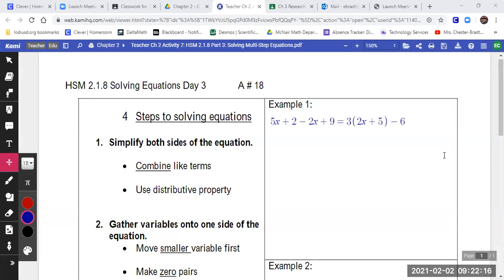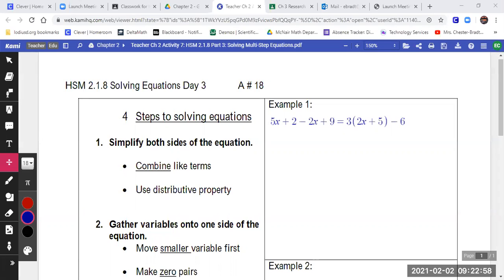Yes, more than one x and more than one number on the left side. So the left side is being complicated and it doesn't need to be.